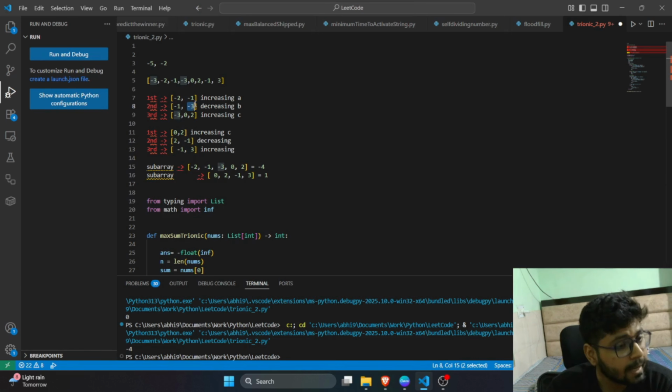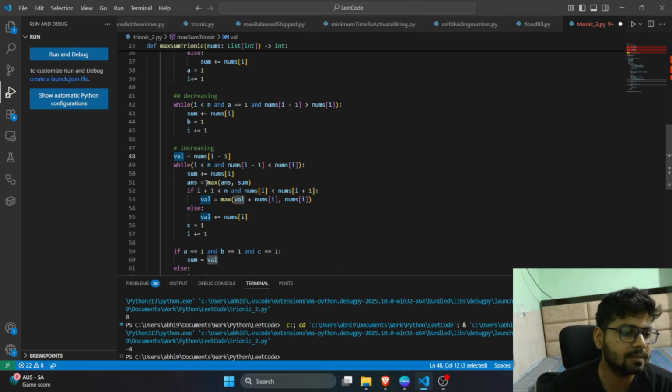Then we have to start at minus 3 for the next subarray here. But at this point we don't need to take into consideration that we have to start at minus 3, because this is the starting subarray that is increasing, so it doesn't matter. And the answer will also be 4.